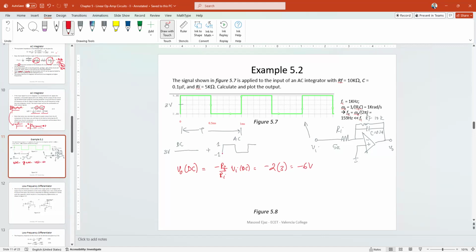As far as input is concerned, this is my AC signal centered at 0. And let's go ahead and calculate either the positive area or the negative area to find the peak-to-peak value. So if you calculate this area, the height of this is 1, and the width is half of the cycle, which is 0.5 milli. The 1 times 0.5 milli is 0.5 milli.